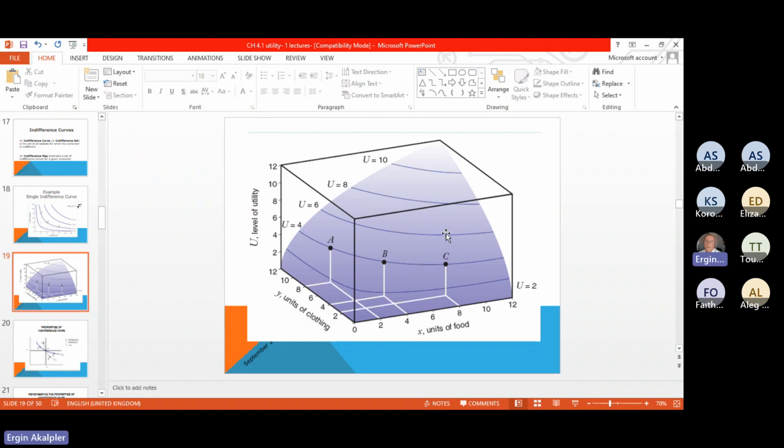In the vertical dimension you have the utility, and in the horizontal you have y and x, foods, or so-called food and clothing. And with this three-dimensional representation, you have again U2, U3, or the U, which is 2 units, utility for 4 units, and utility for 6, utility for 8, and utility for 10.